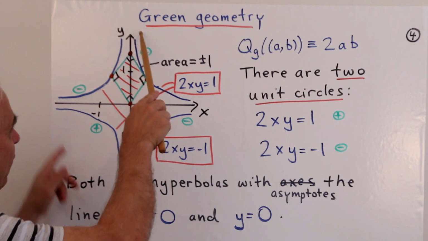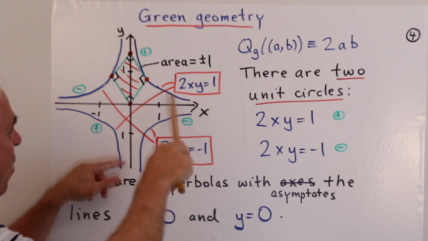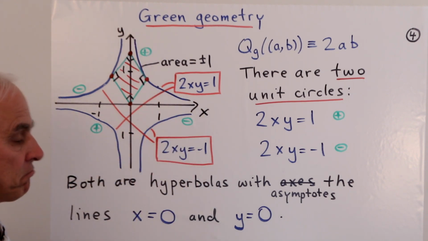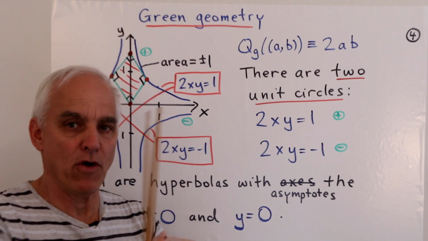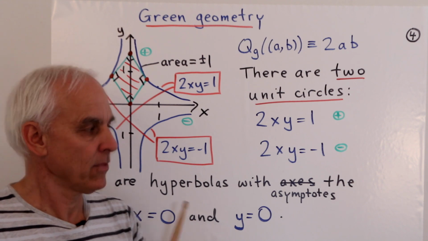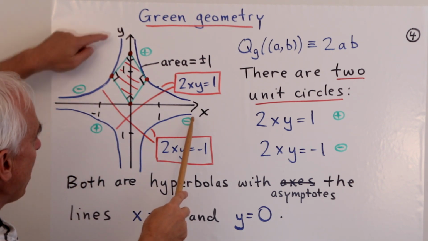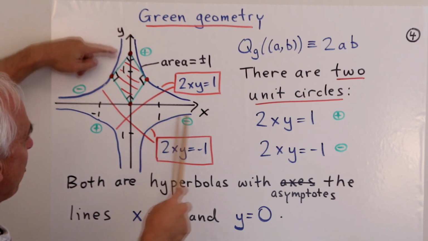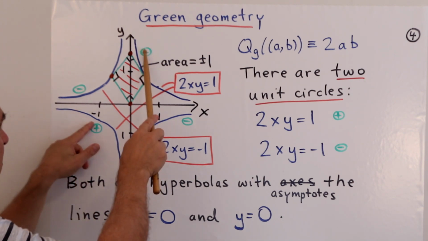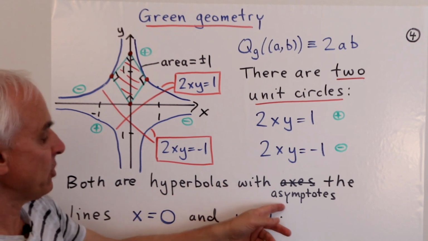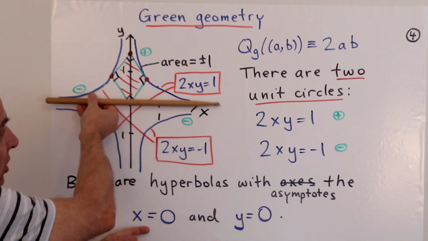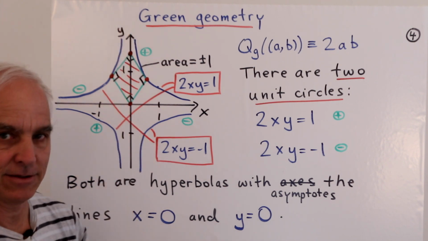So here is the 2xy equals 1 hyperbola. If you like, you could think of that as the graph of y equals 1 over 2x. And here is the 2xy equals minus 1 hyperbola. So I've given this one the name plus and this one the name minus. And these are both hyperbolas with asymptotes, the horizontal and vertical axes.